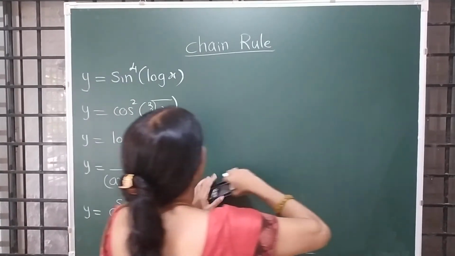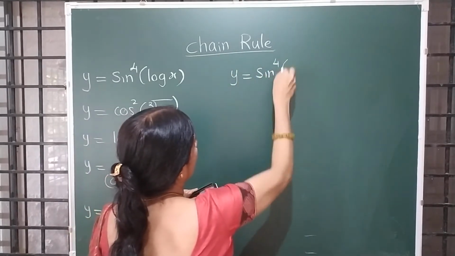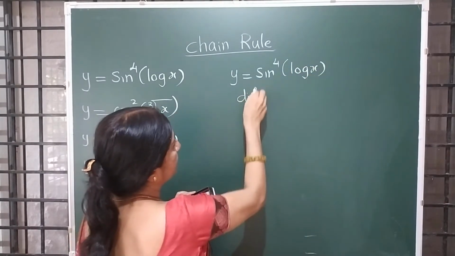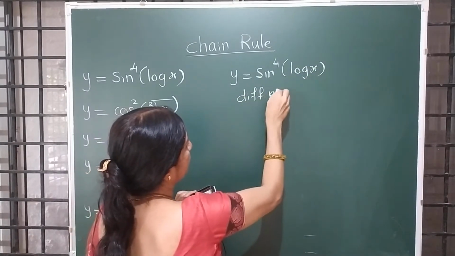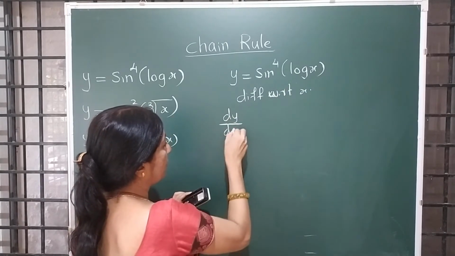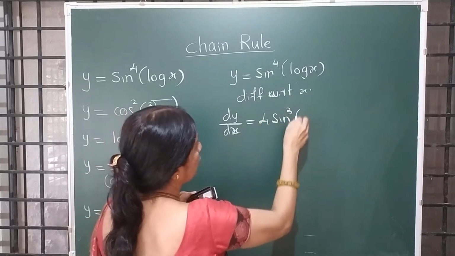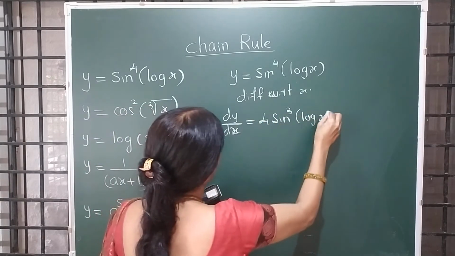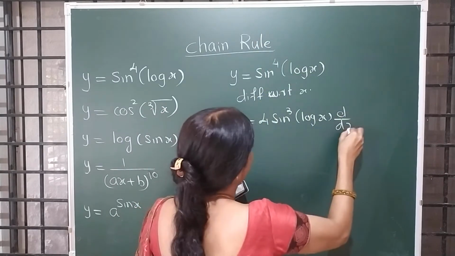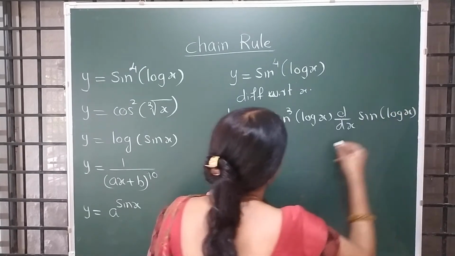We are differentiating the power first. dy upon dx is 4 sin cube log x. Power is over. After that, close the power, and write whatever is remaining in the original equation. Original equation means it is sin log x.